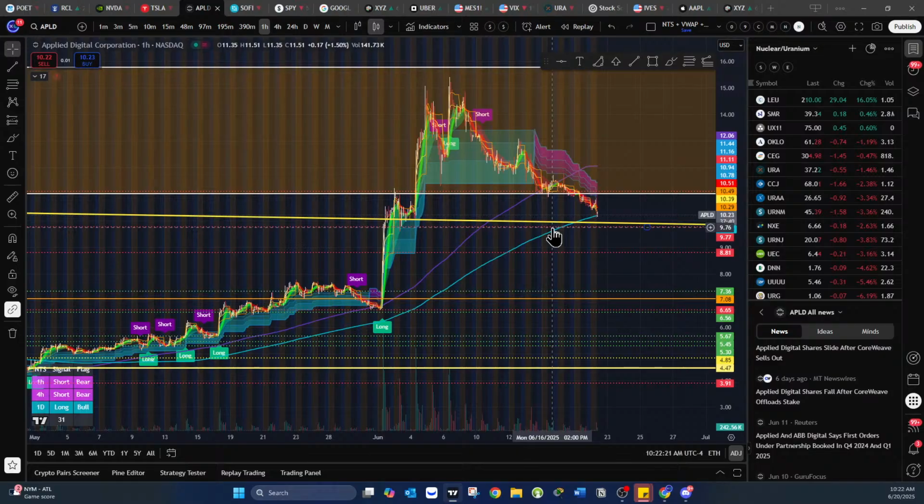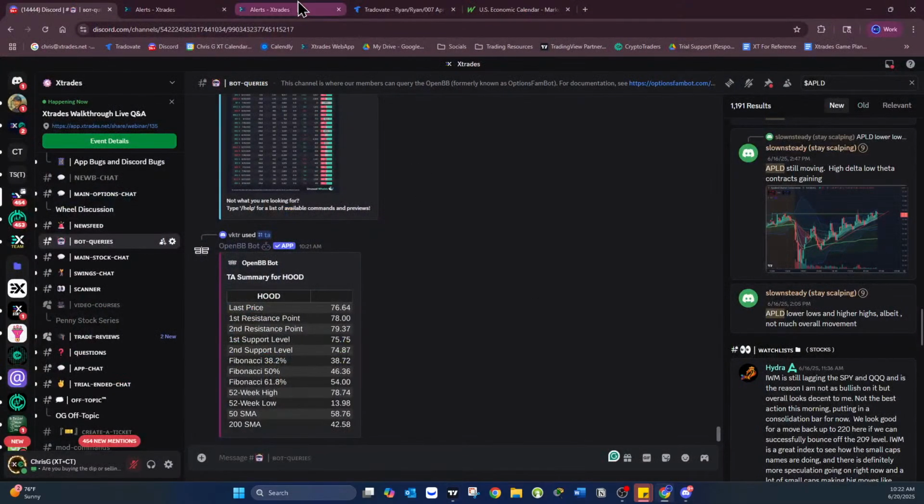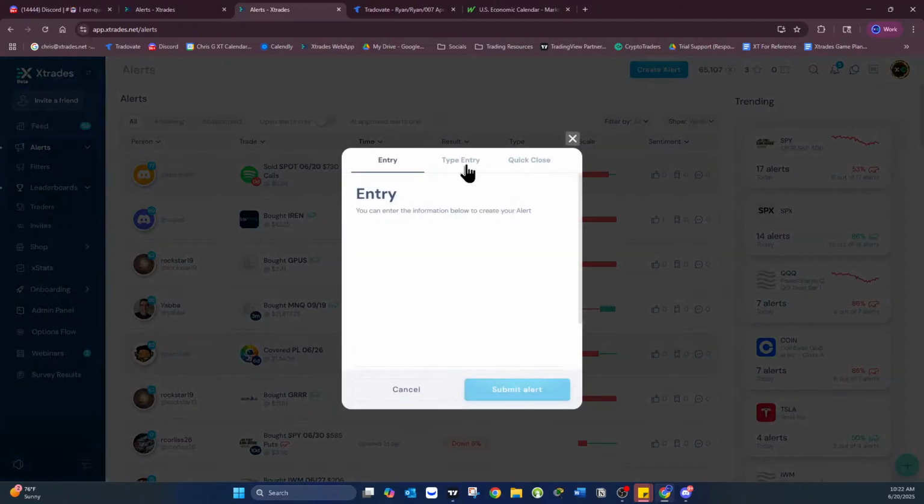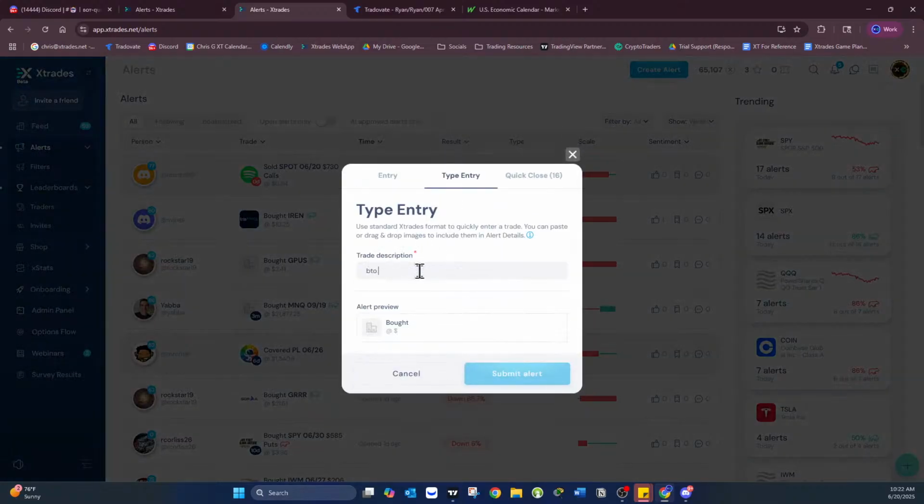Let's see. Apple lost 200. Just noticed. $11 calls at 32 cents, man. I'm going to take a shot. Take a few of these. I like it. I like the volume. I'll take a shot.